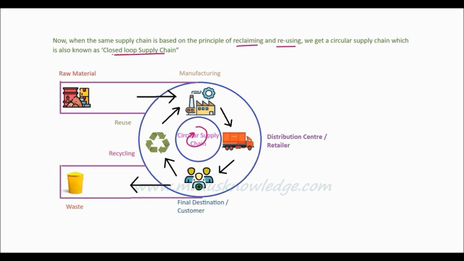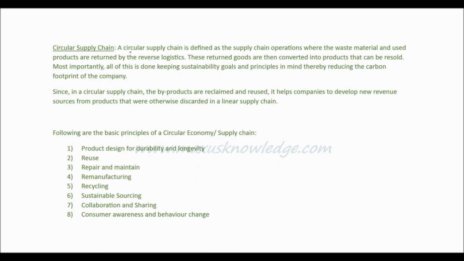So let's now look at the definition of a circular supply chain. So a circular supply chain is defined as the supply chain operations where the waste material and used products are returned by the reverse logistics. These returned goods are then converted into products that can be resold.